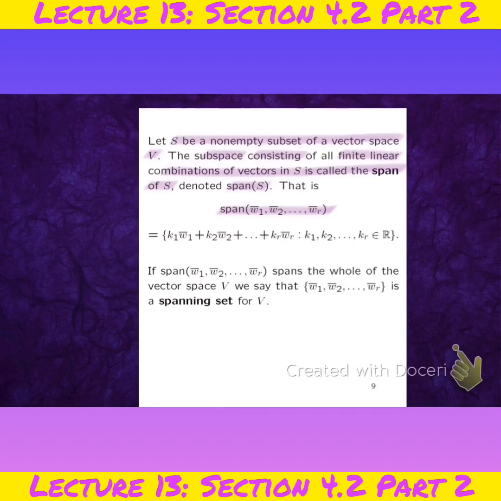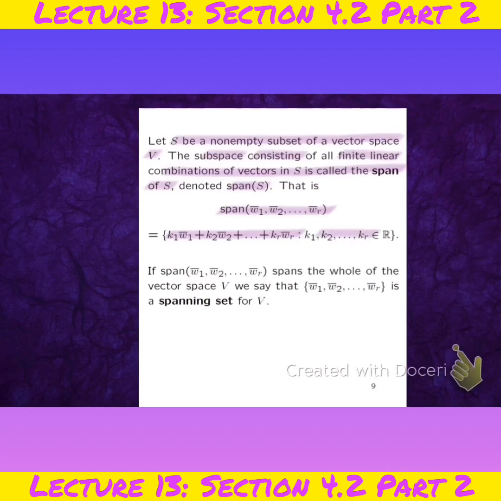So the span of the set S is just all the linear combinations. That's the set of all the linear combinations, and we showed that that's a vector space. So the span of S is just all linear combinations of the vectors in S, and the vectors in S in this case are W1, W2 up until WR.